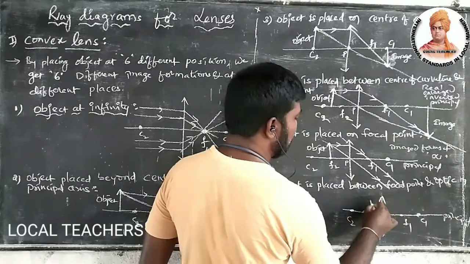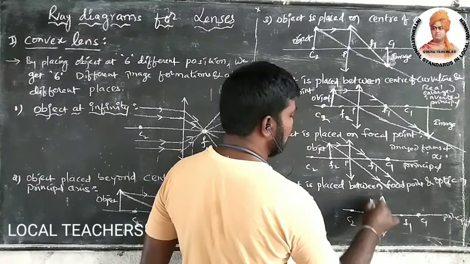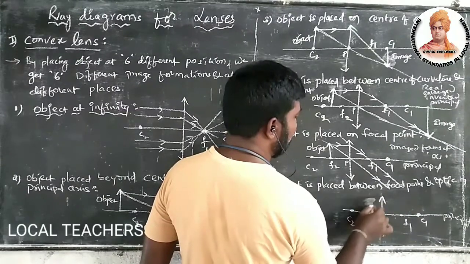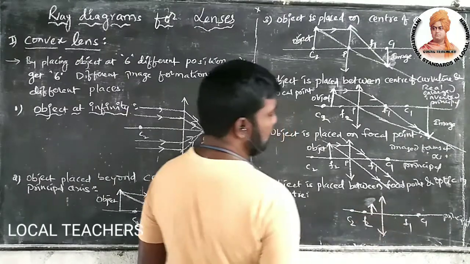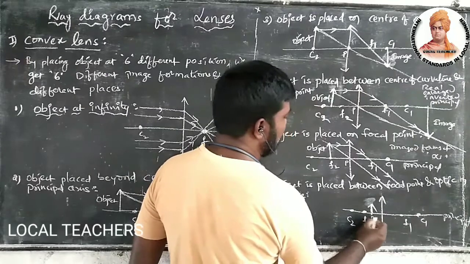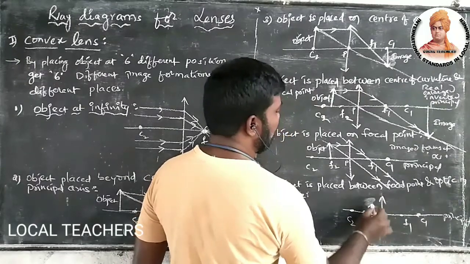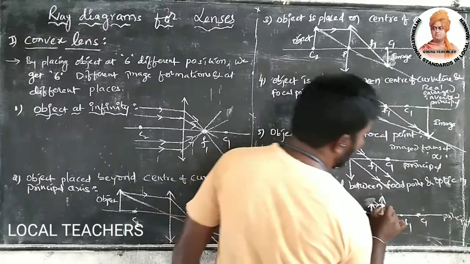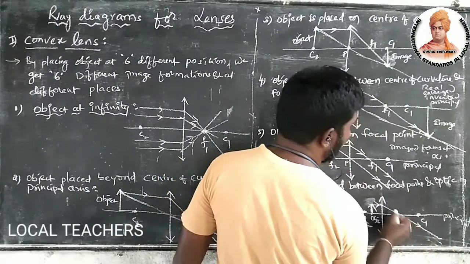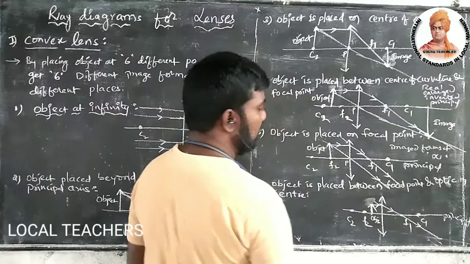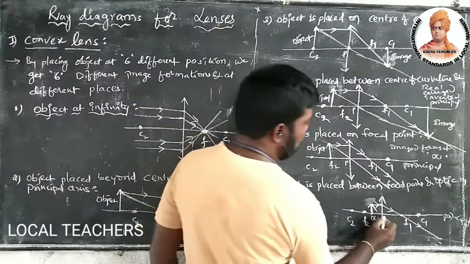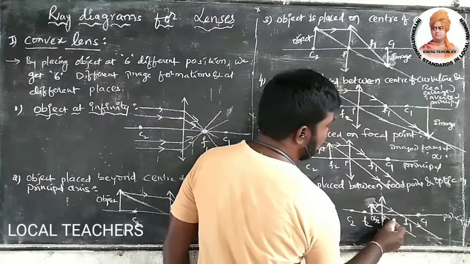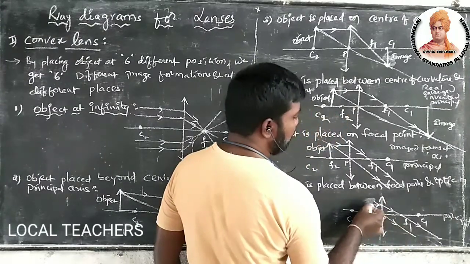Here we place the object like this. Consider the parallel ray, which is refracted and passes through the focus point. Next, consider the ray which passes through the optic center, and it will not deviate.